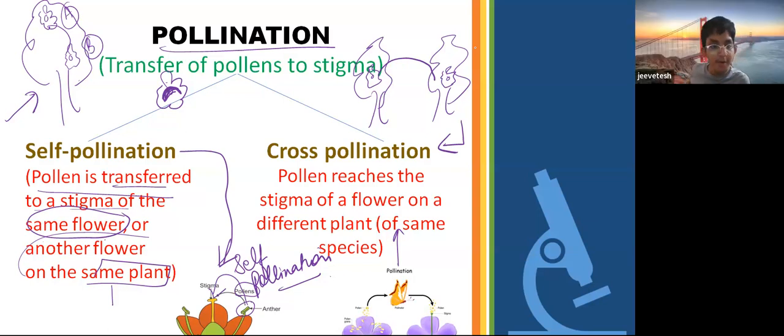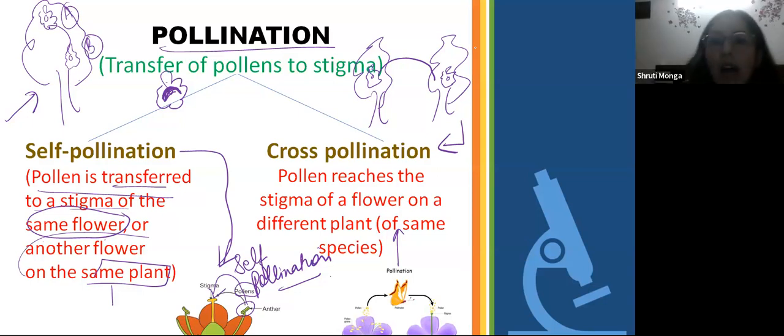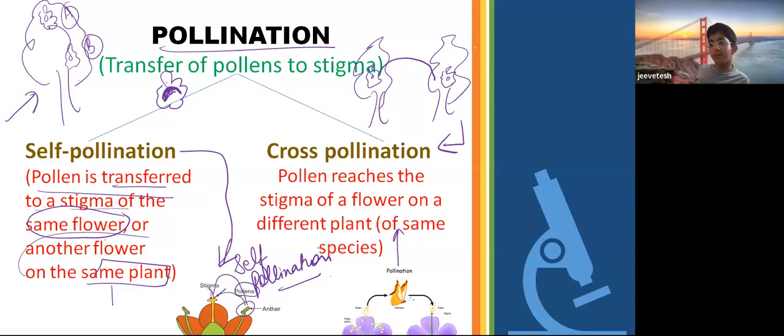Ma'am, for self-pollination, can we simply define it as a process in which the pollen grains from the anther of one plant are transferred to the stigma of the same plant? Yes. And for cross-pollination, we can say that the pollen from the anther of one flower is transferred to the stigma of another flower of the same plant.